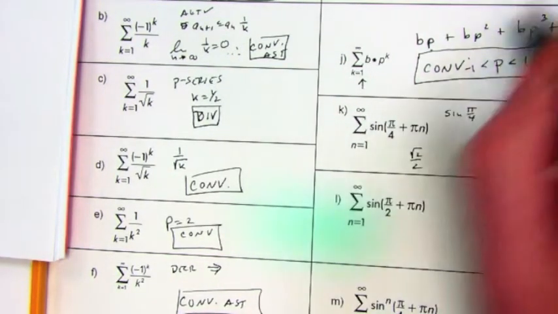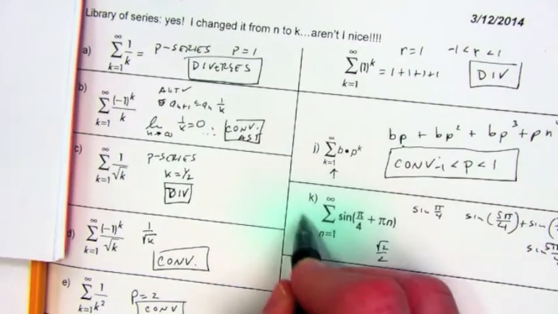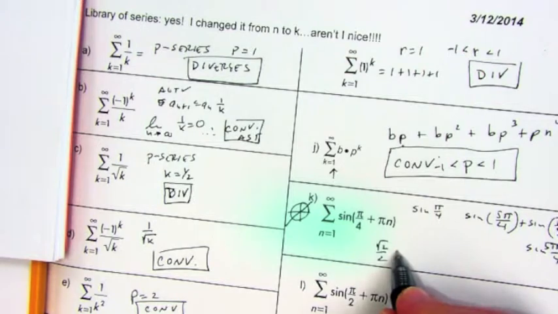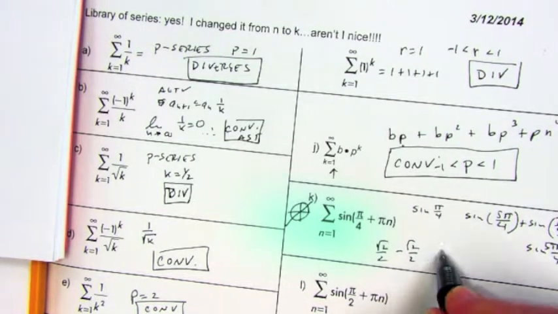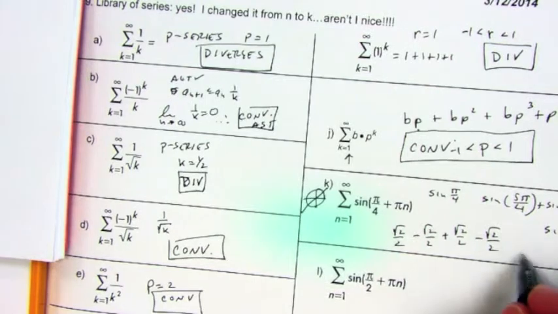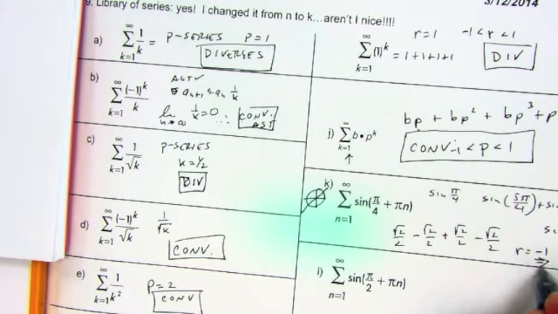So if I do my little unit circle here, I'm going here and here. First is root 2 over 2, then it's negative root 2 over 2, then it's positive root 2 over 2, then it's negative root 2 over 2. Well, it's geometric. And r is equal to -1. So what does that mean? It diverges.